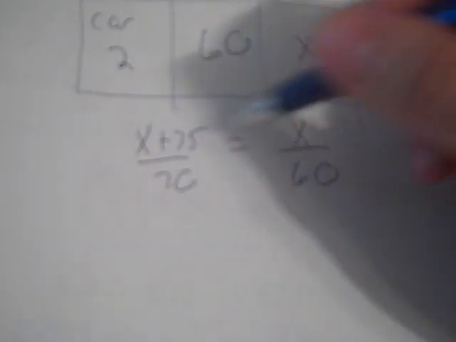So we know that they traveled for equal time. So I know these are equal, okay? So I know that x plus 75 over 70 is equal to x over 60. And again, you can't just cross multiply and divide because there's two x variables. You got to use your A, B, C, D cross products.